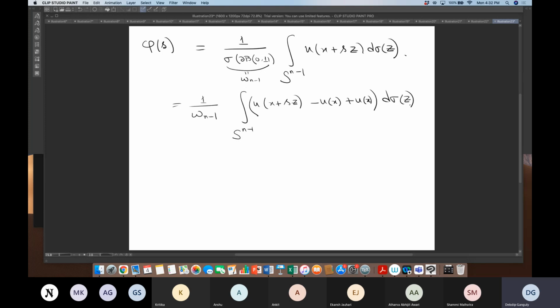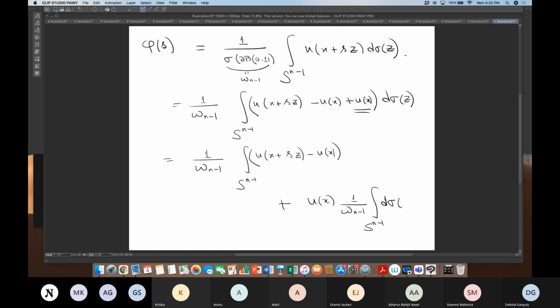Clear? Plus u x. Plus u x is a constant, u x. Clear?